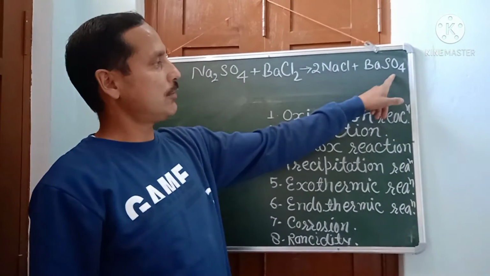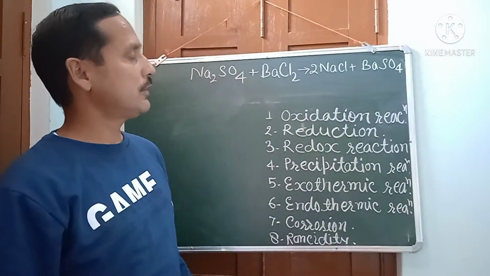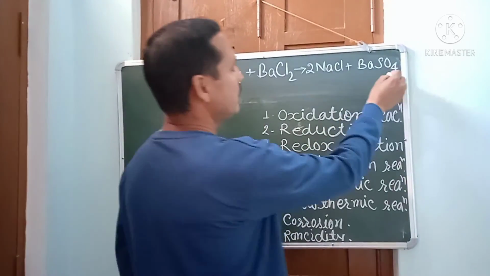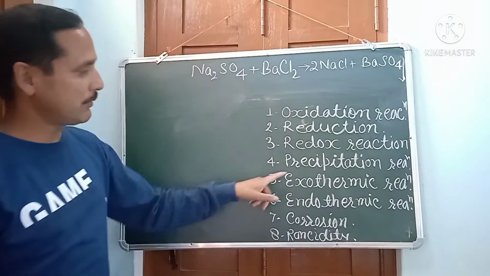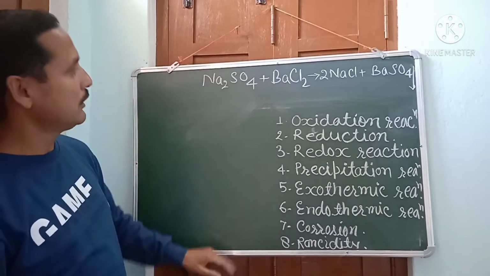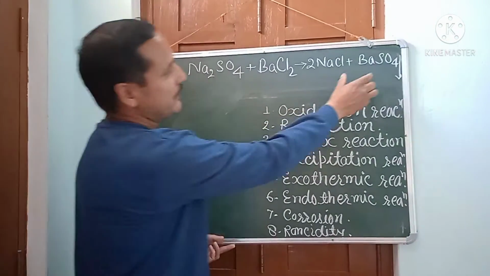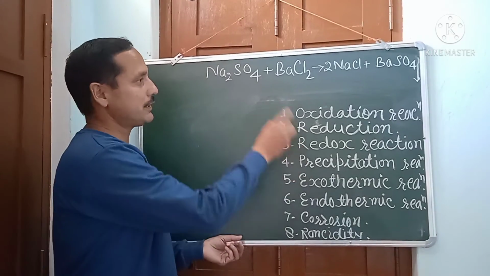This barium sulfate is obtained at the bottom of the test tube. It is an insoluble substance. It is called a precipitate. So the definition of precipitation reaction: a chemical reaction in which a precipitate is obtained during the reaction is called precipitation reaction.